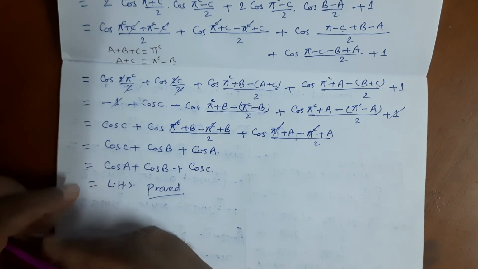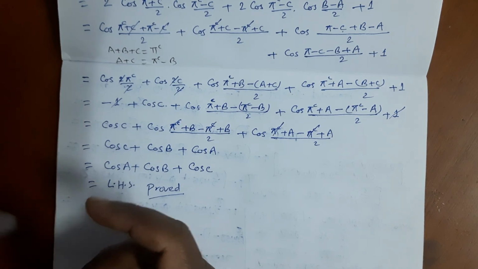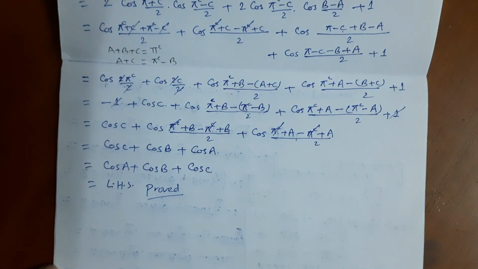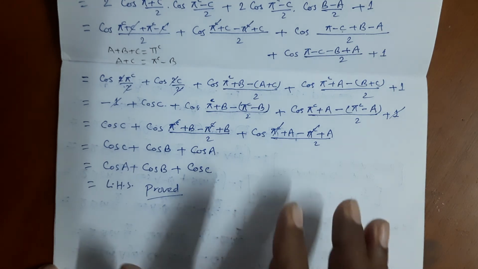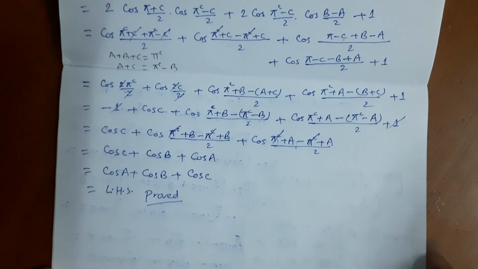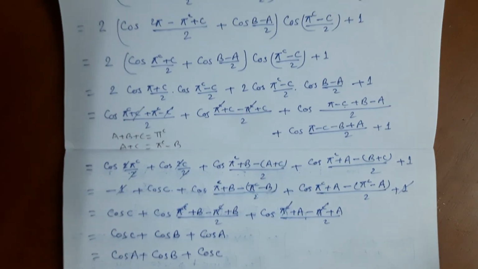This conditional trigonometrical identities are a combination of the formulas which you have learned until now. So I suggest you practice these regularly, so that all formulas will be revised. And if you need to copy this, then you can pause the video and copy from the beginning.